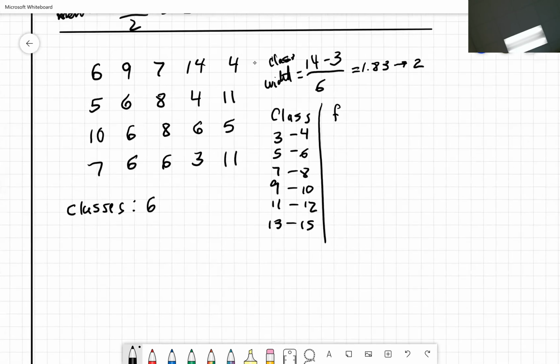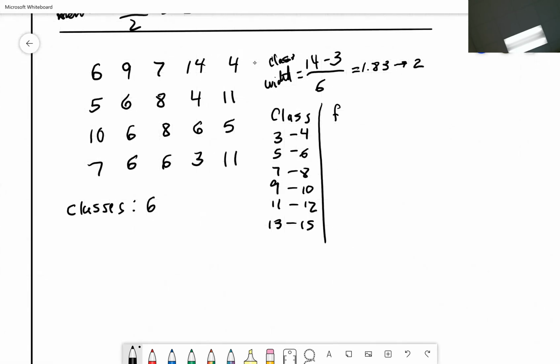It would be nice if we had the numbers in order. Let's go ahead and put them in order. 3, 4, 5, 5, 5 6s.